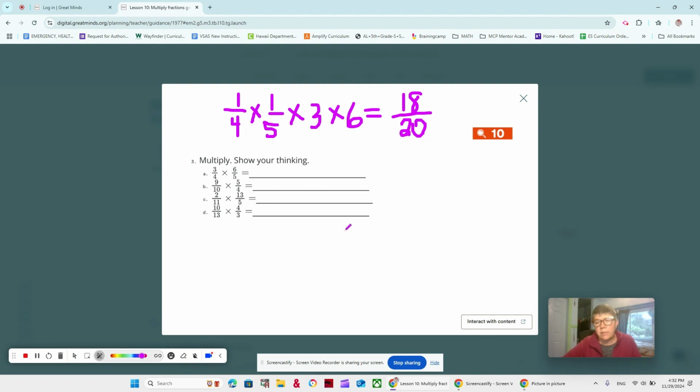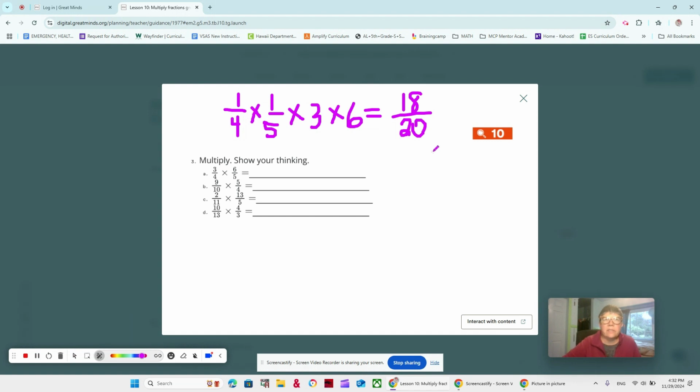What I want you to think about is 3/4 as a fraction. That's 3 out of 4. That's getting close to 1. It's definitely closer than it is to 0. And 6/5, that's more than 1. 18/20 is almost 1, right?